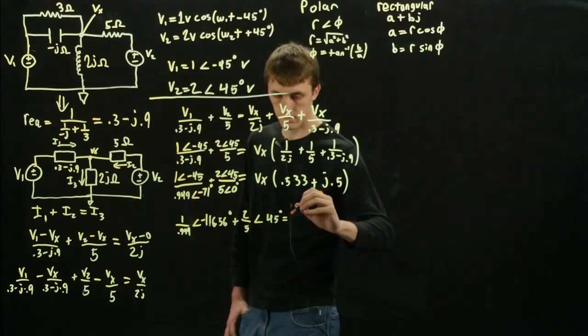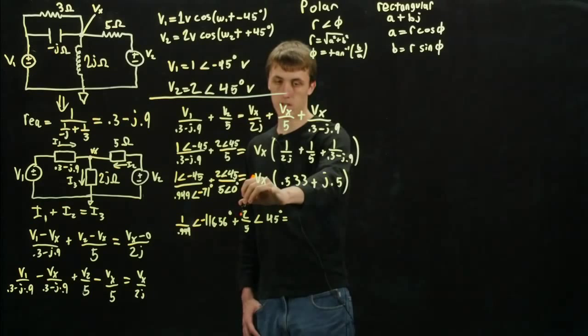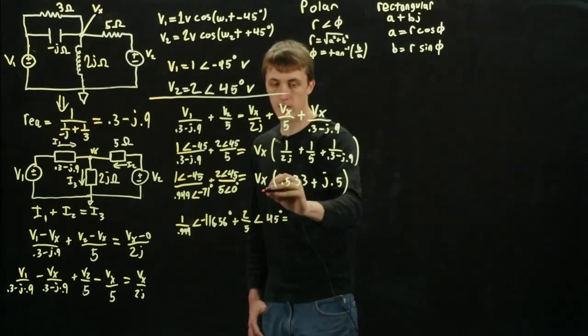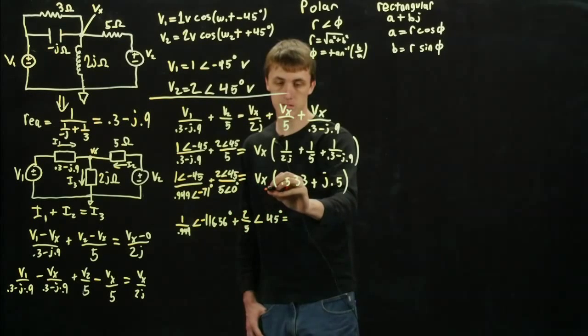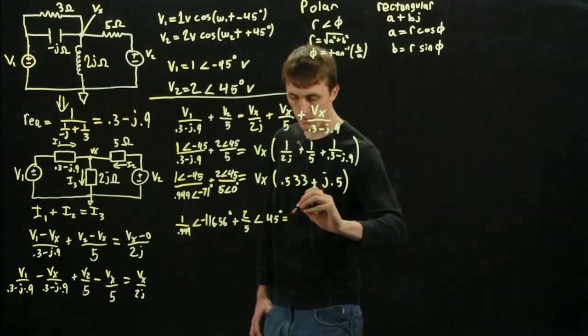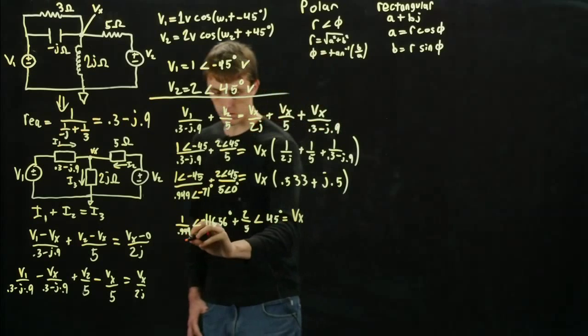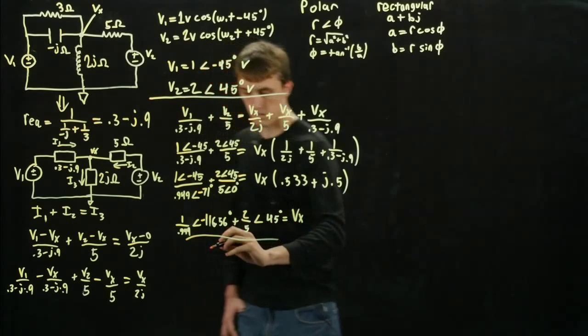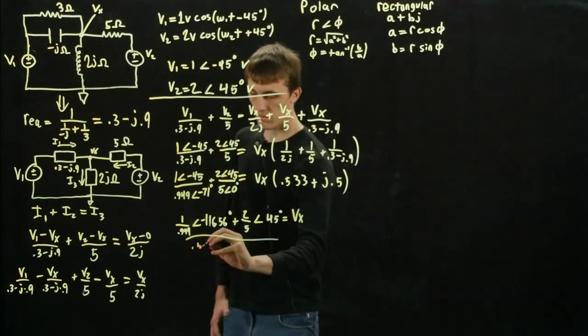And that's equal to the same Vx. I'm just going to divide both sides by this 0.533 plus j times 0.5, which we found here. So divide this by that.